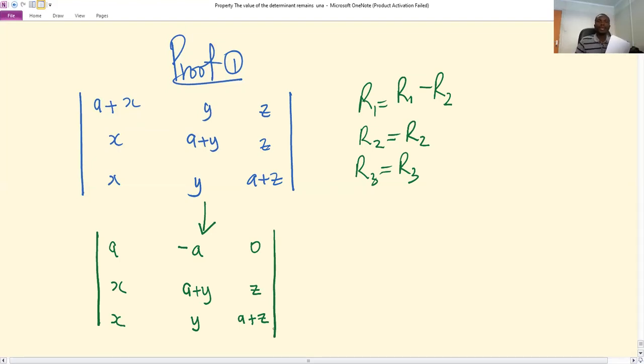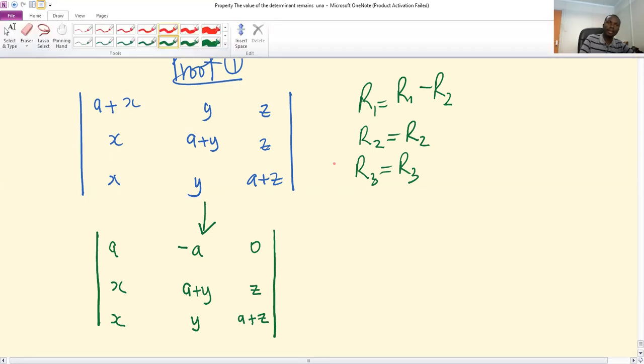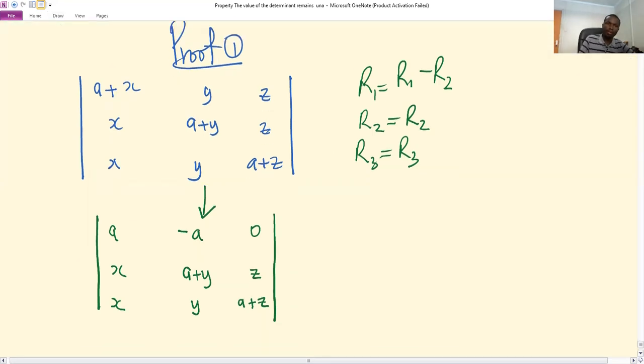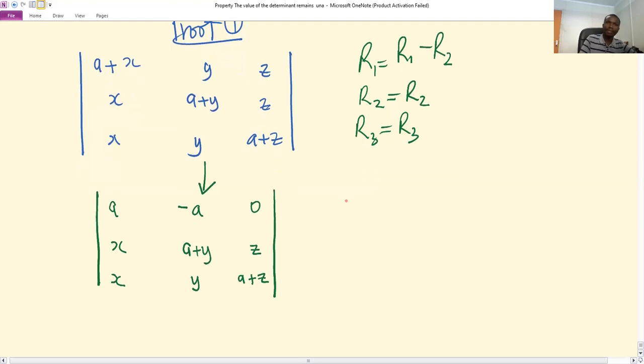Remember, we are allowed to play within rows and within columns. So with this result, let's now play with columns. Column 2 becomes column 2 plus column 1, column 3 stays column 3, and column 1 stays column 1.